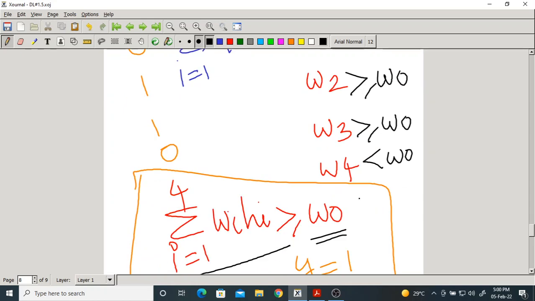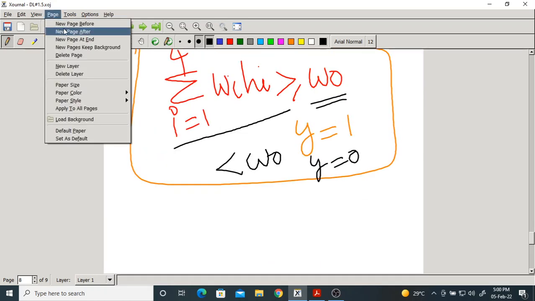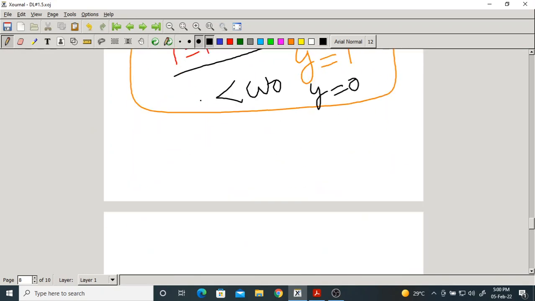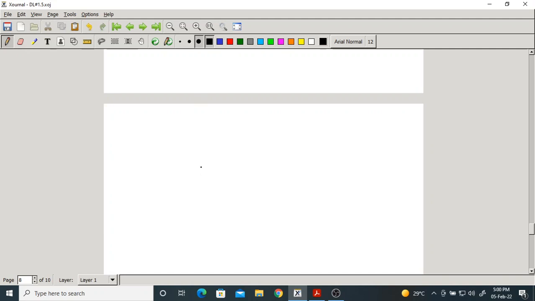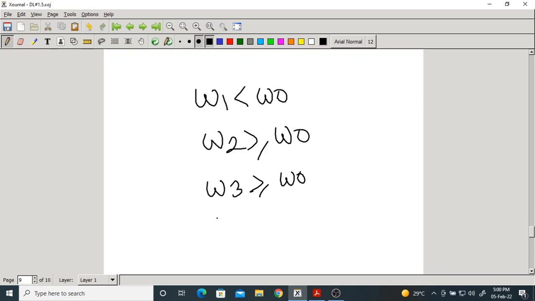Now we have a set of inequalities. W1 is less than W0. W2 should be more than or equal to W0. W3 also should be more than or equal to W0. W4 also should be less than W0.